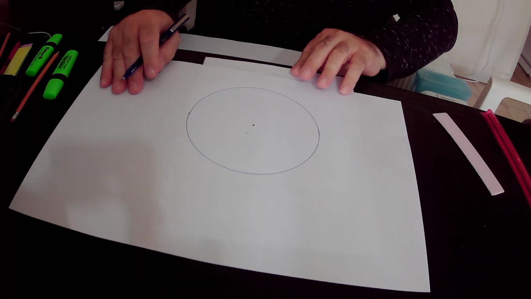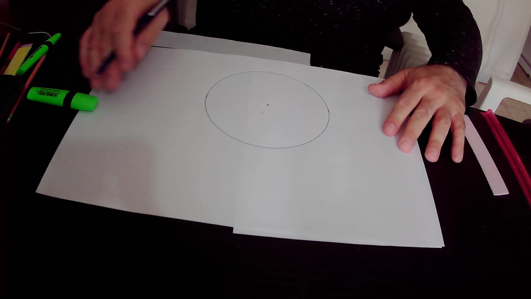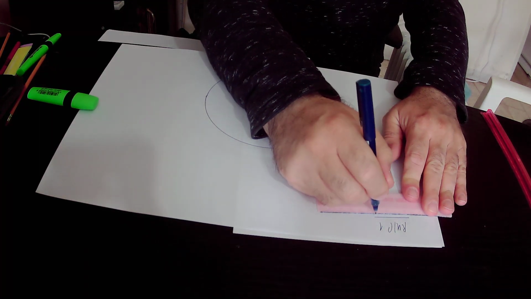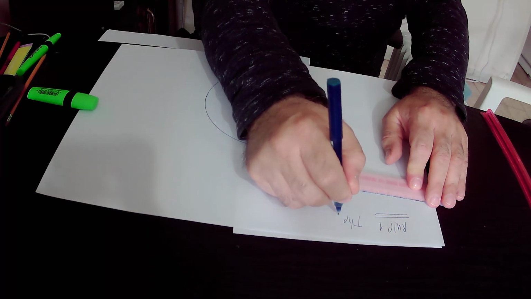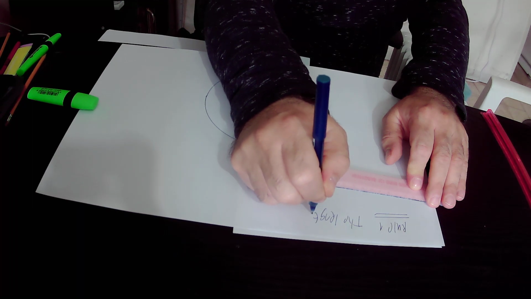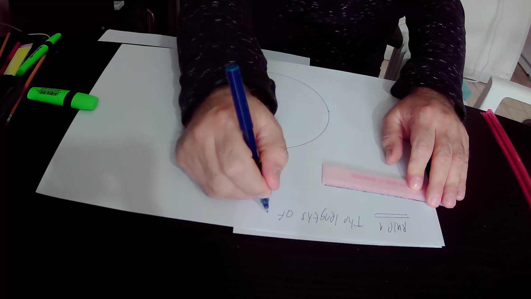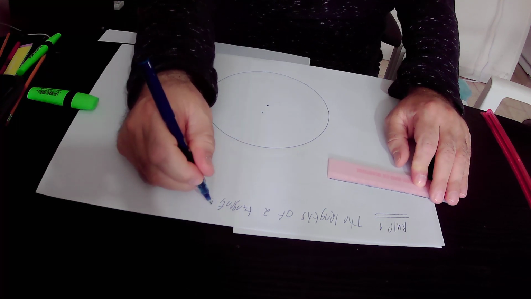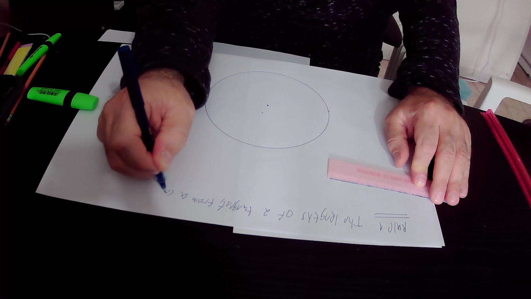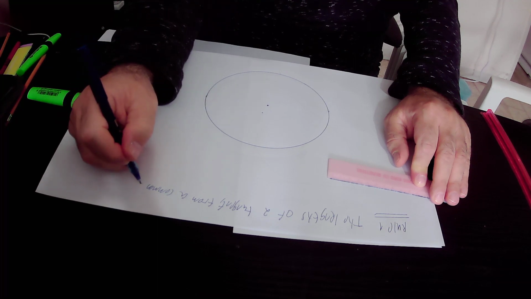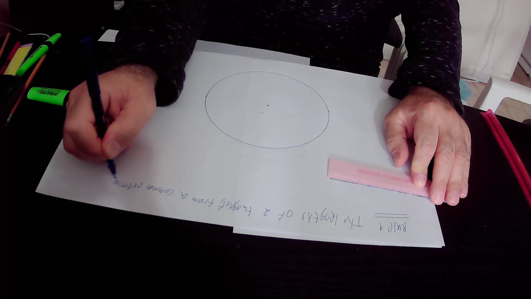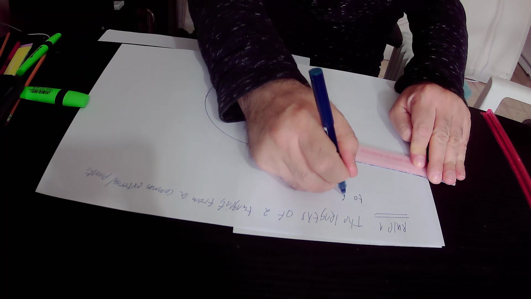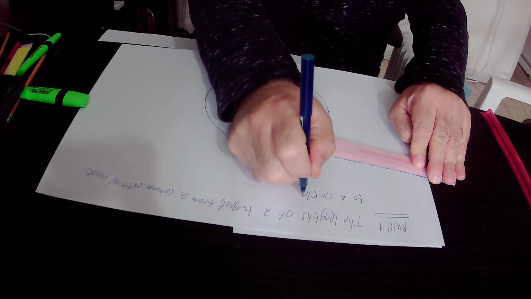According to rule number 1, the lengths of two tangents from a common external point to a circle are equal.